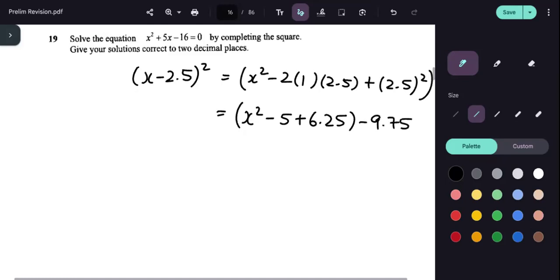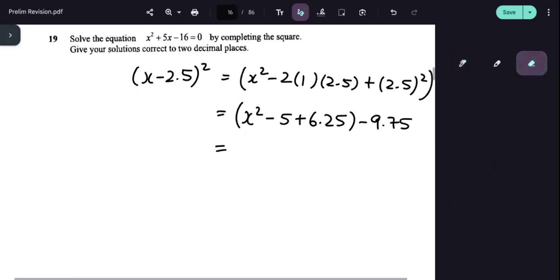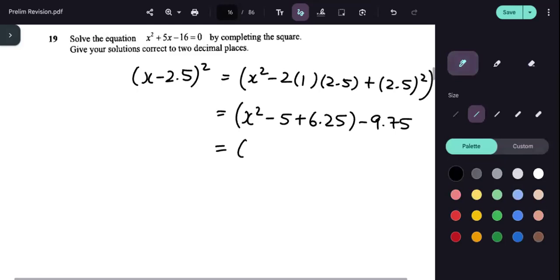So it's just not x square, sorry, x minus 2.5 square minus 9.75. Okay, and my laptop is literally dying. This one I will leave you all to figure out by yourself.